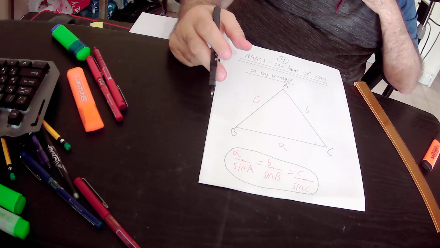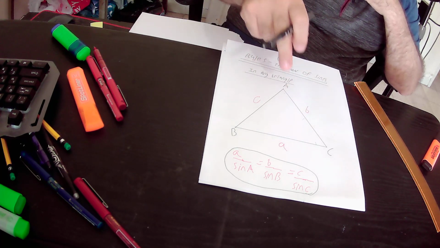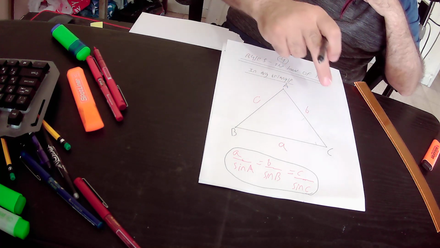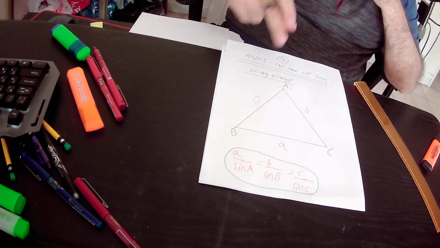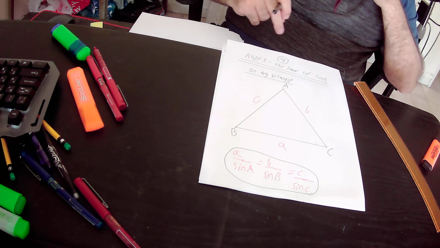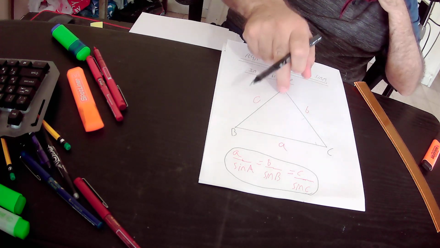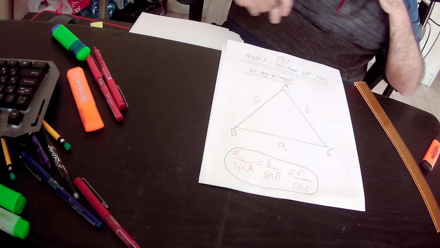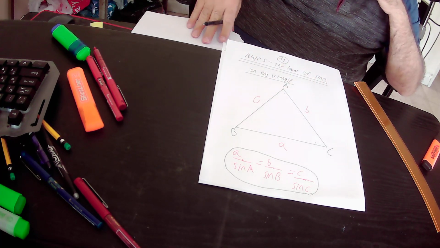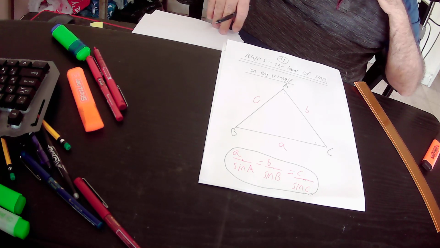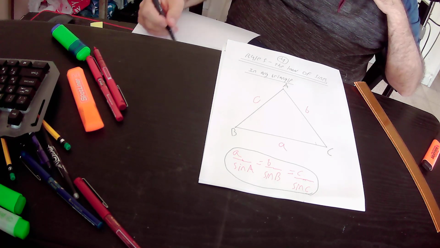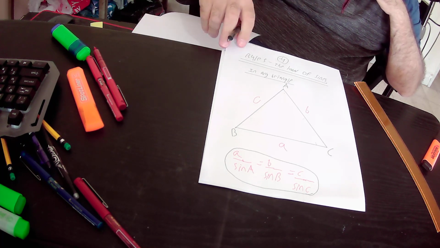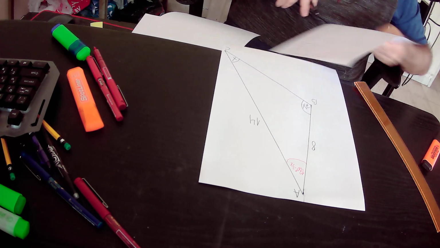So according to the law of sines, A over sine A equals B over sine B equals C over sine C. Okay, so we can implement the law of sines in our triangle ABC.